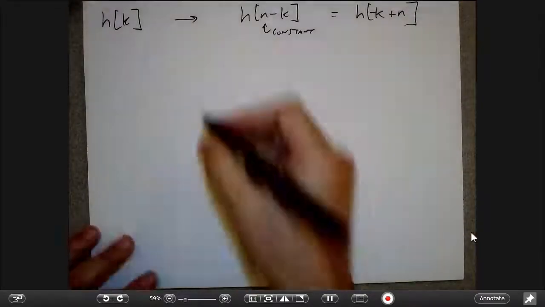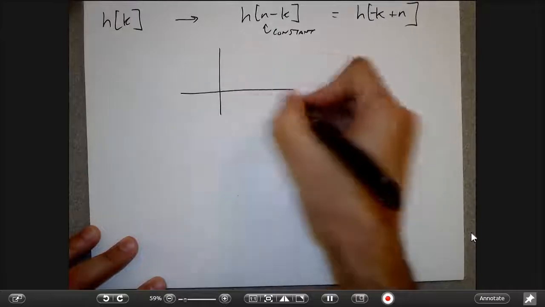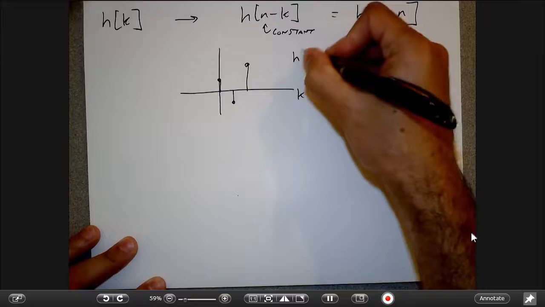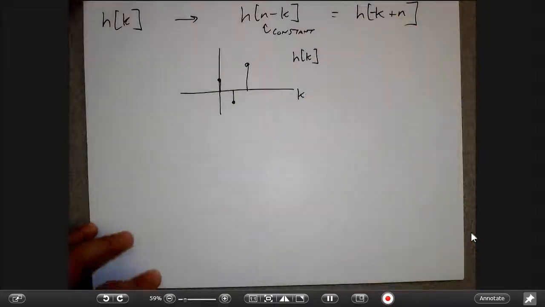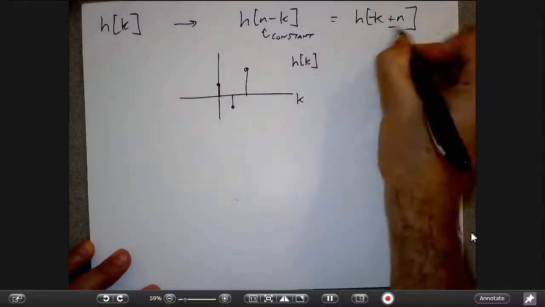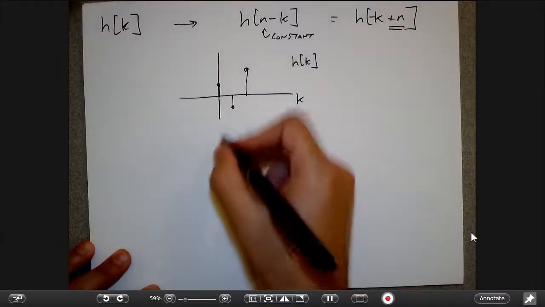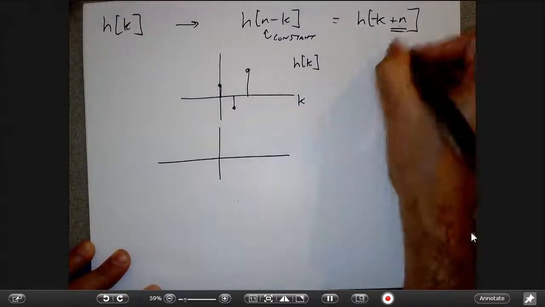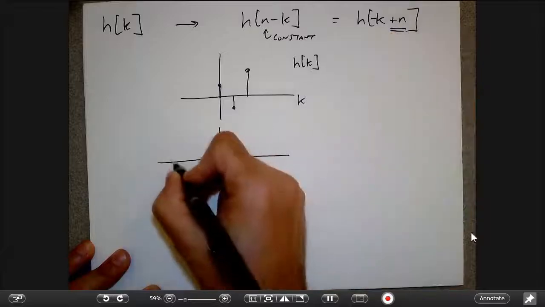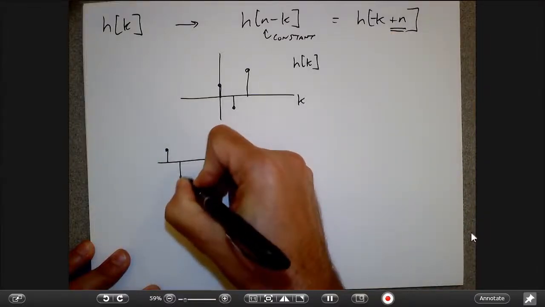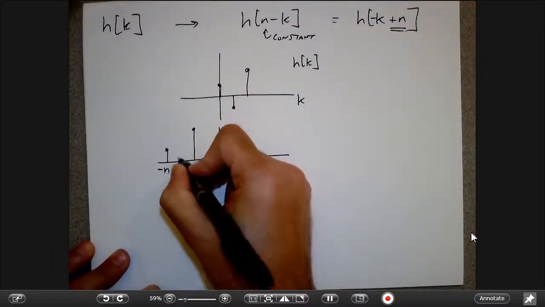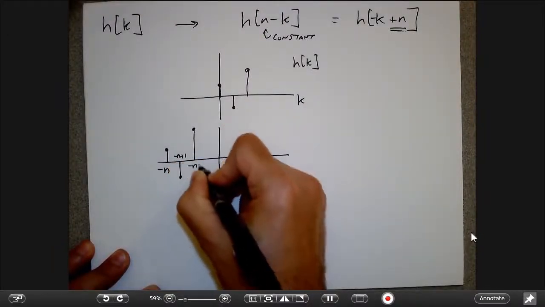If I have some h of k as a function of k, you're right. I told you that when you do these kinds of things, you should shift first and then flip. So if I'm doing this properly, I should do the shift first. That's like saying that I delay this by negative n units. If I have a positive n here, my new h has to look like this, with negative n plus 1, negative n plus 2.